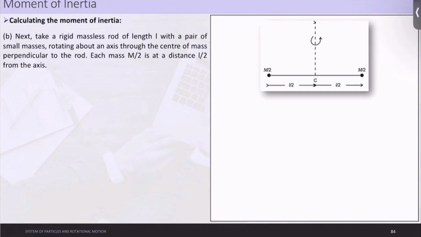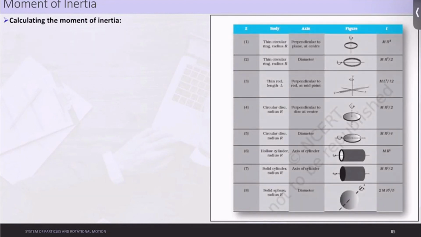So first of all, a rigid massless rod of length L is given to you, and there are, okay, this is a different question. Wait, let me first make you calculate the moment of inertia of a thin rod of length L. The complete mass of this rod is homogeneously divided into different parts.